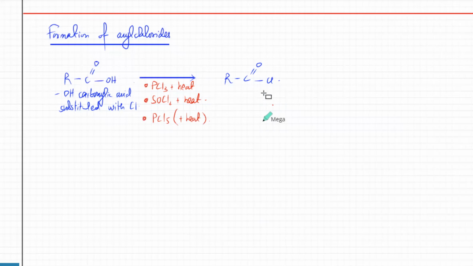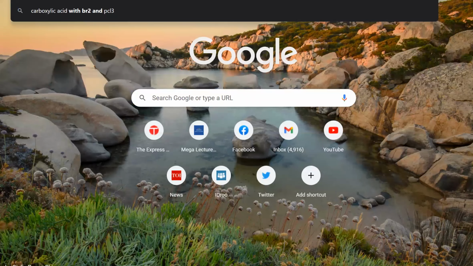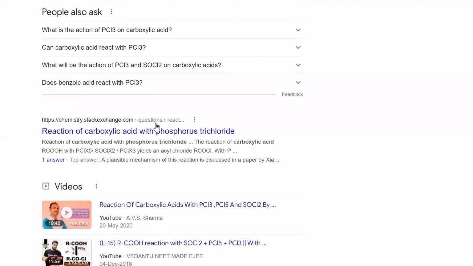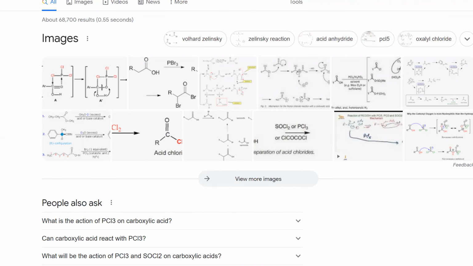Sometimes they would ask you for equations as well, very rarely. So the equation for that reaction, I'll just copy paste it. Plus PCl3. Let me just copy.